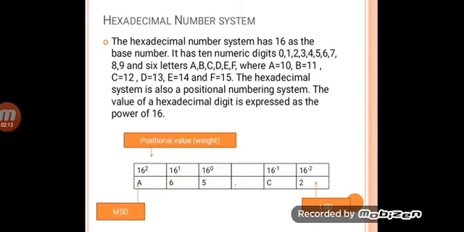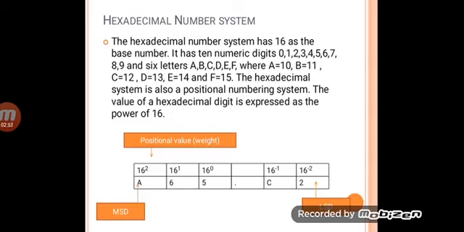Now the next topic, hexadecimal number system. The hexadecimal number system has 16 as the base number. It has 10 numeric digits, 0, 1, 2, 3, 4, 5, 6, 7, 8 and 9, and 6 letters, A, B, C, D, E, F, where A is equal to 10, B is equal to 11, C is equal to 12, D is equal to 13, E is equal to 14 and F is equal to 15.